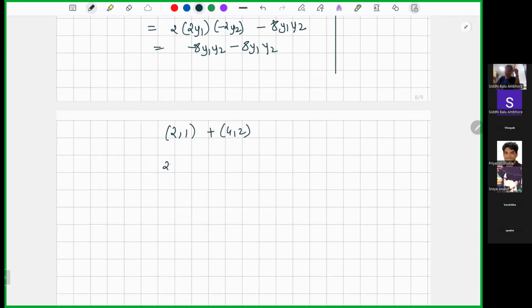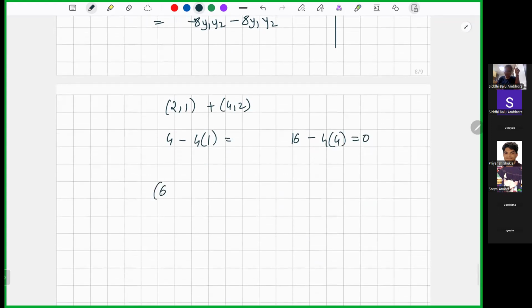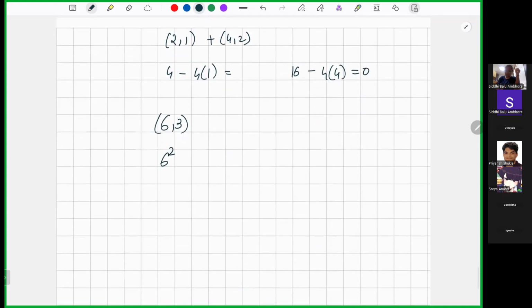It is 2 square, 4 minus 4 times 1, and 4 into 4 minus 4 into 4, that is 0. But if I add those, it is 6 comma 3, and whether 6 square minus 4 into 3 square is 0 or not.